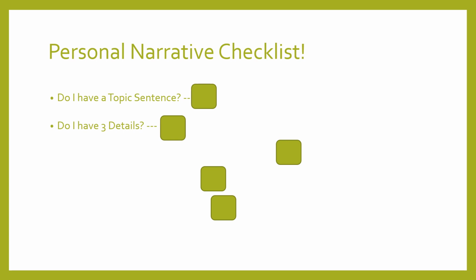Do I have a topic sentence? I do have a topic sentence. It's that first sentence explaining what is happening. So I can put a check mark there. Do I have 3 details? I did have 3 details describing my big moment. Does each detail start with a transition word?